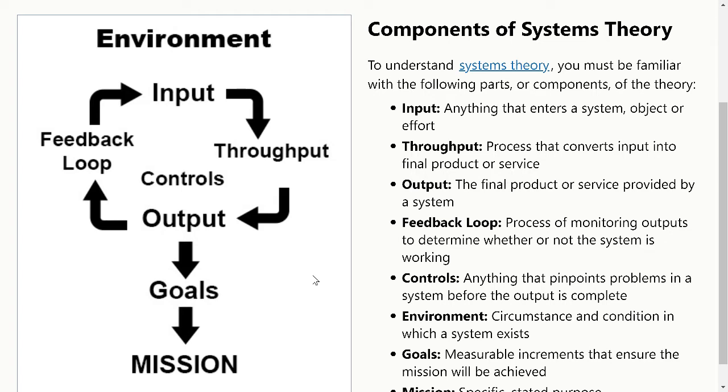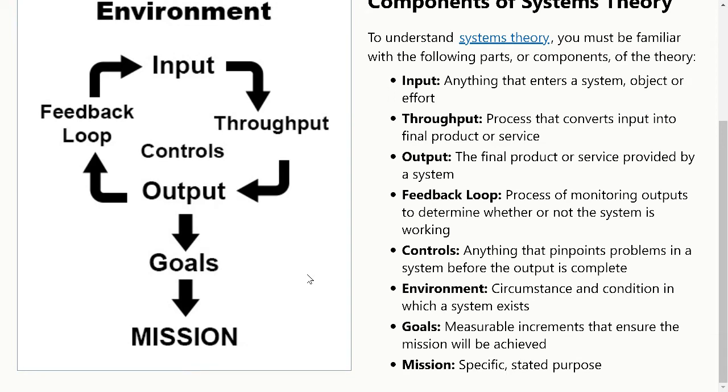You have feedback loop, the process of monitoring output to determine whether or not the system is working. You have controls, anything that pinpoints problems in a system before the output is complete. Environment, the circumstance and condition in which a system exists. Goals, measurable increments that ensure the mission will be achieved. And then mission, the specific stated purpose.